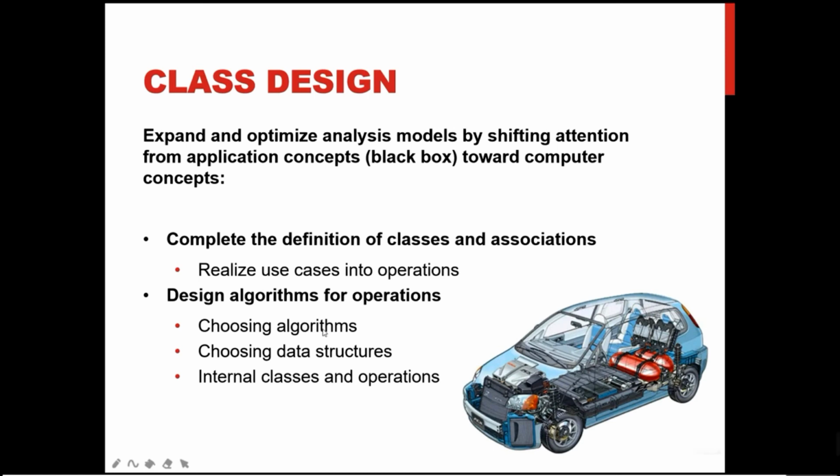In this stage, we still don't consider how to implement it, but we should consider which kind of algorithms to use. For example, we have so many different kinds of sorting algorithms. Which one will we use, and what kind of data structure will be used to store the results, and so on.